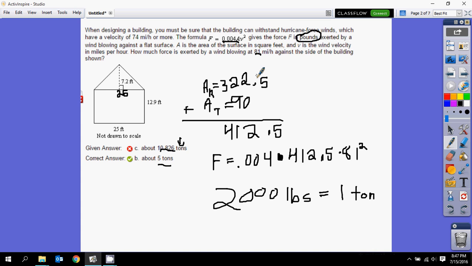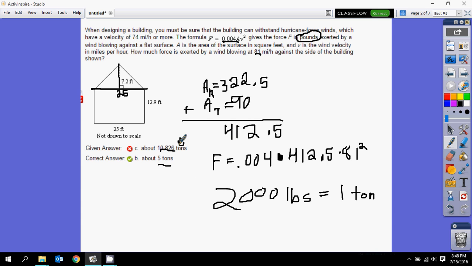For the triangle, remember it's 1/2 base, which in this case is 25, times height, which is 7.2. So when I multiply 1/2 times 25 times 7.2, I get 90 on the nose. So that means the area of the whole thing combined, when I add those, is 412.5, okay?